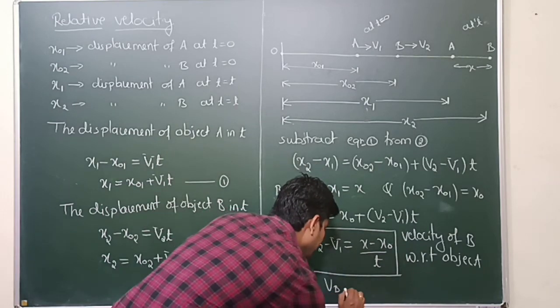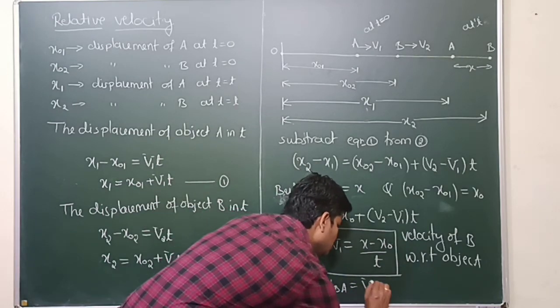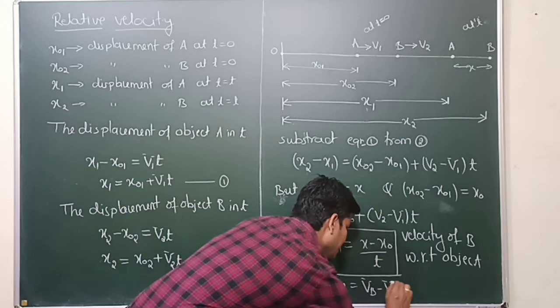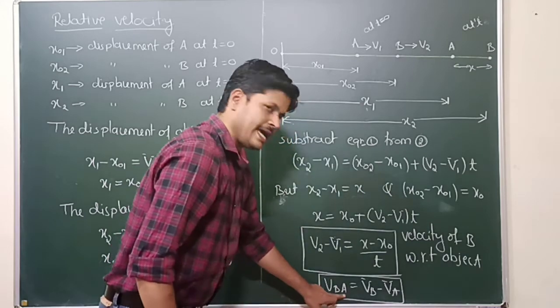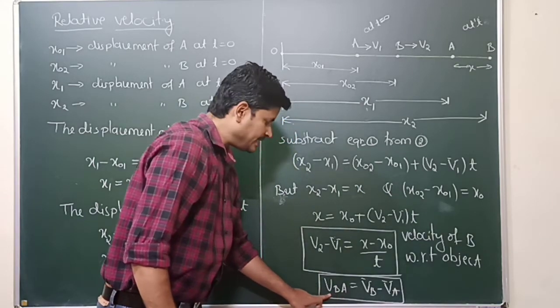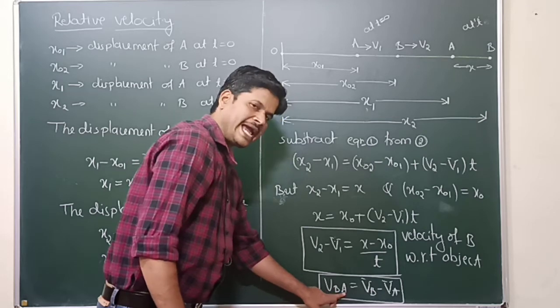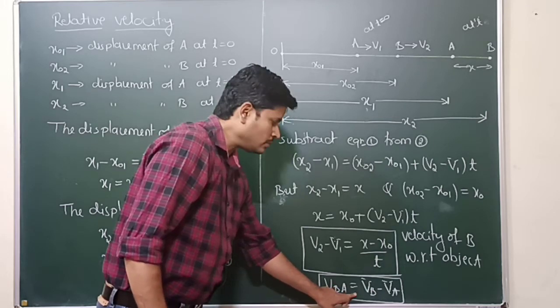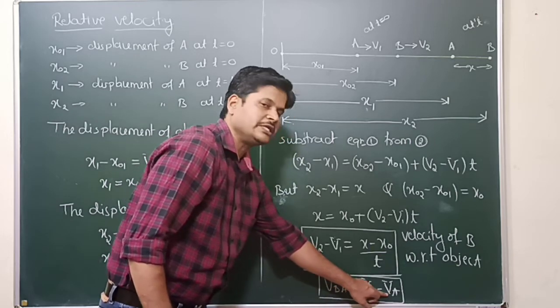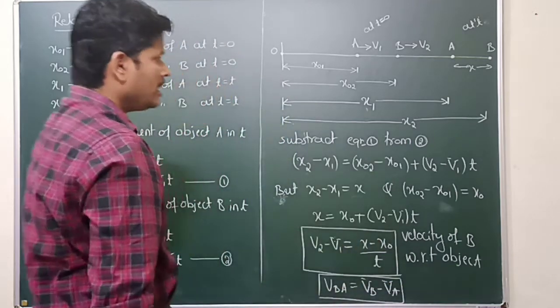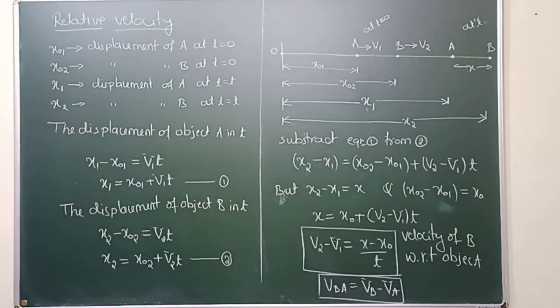Or VBA is equal to VB minus VA. VBA means the velocity of object B with respect to A is equal to the velocity of object B minus the velocity of object A. How can we use this practically? That is what we are going to see next. First take the snapshot.